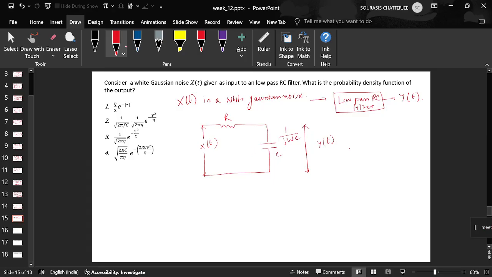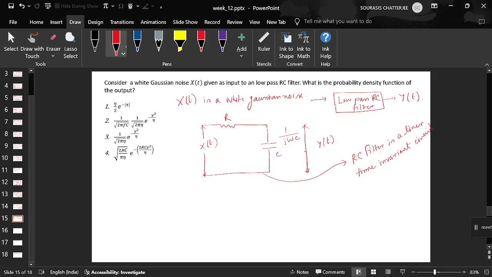Okay, so if I try to compute the functions here, first of all, you have to understand this low pass RC circuit is an LTI circuit, a linear time invariant circuit.